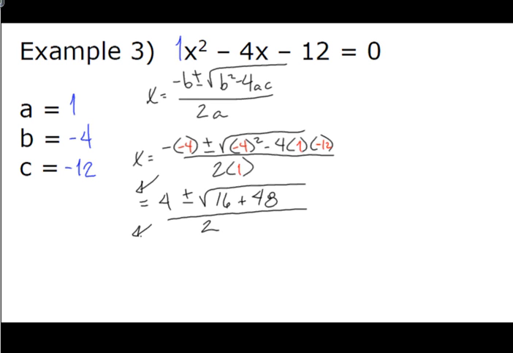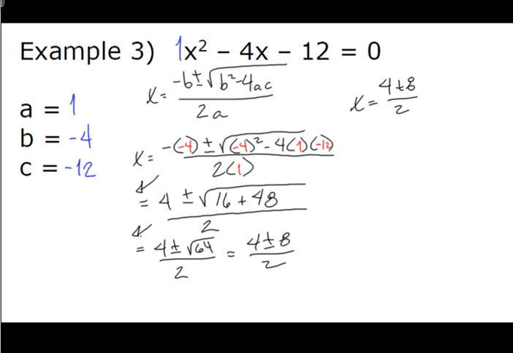So this now simplifies out to 4 plus or minus the square root of 64 over 2, which is 4 plus or minus 8 over 2. Since we had a perfect square again, I need to separate each of these. X is equal to 4 plus 8 over 2. X is equal to 4 minus 8 over 2.